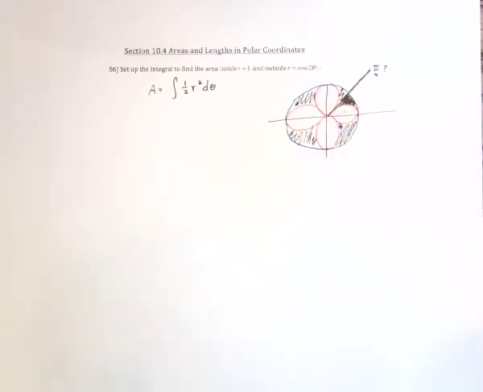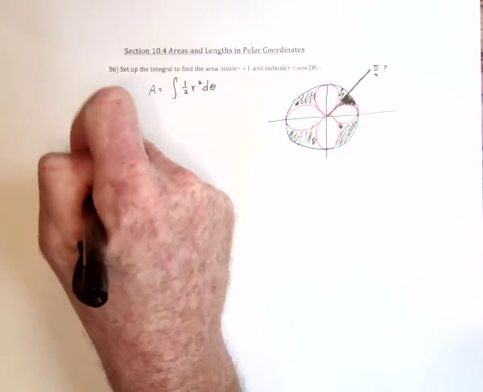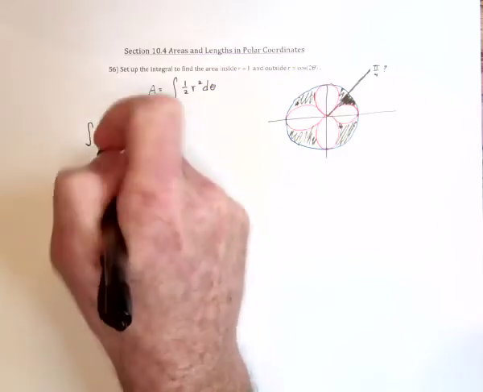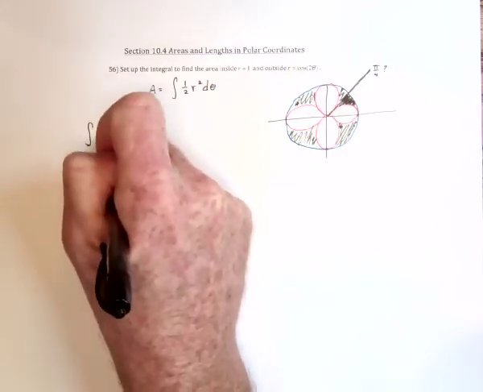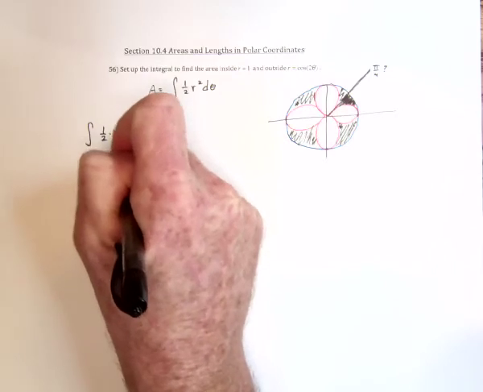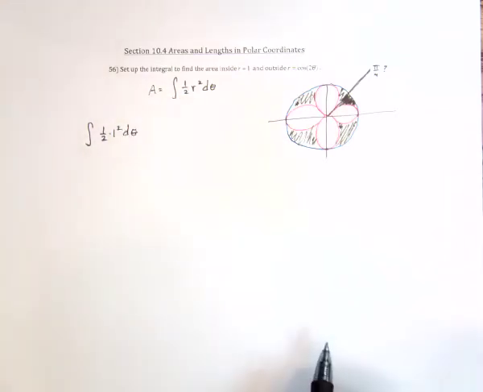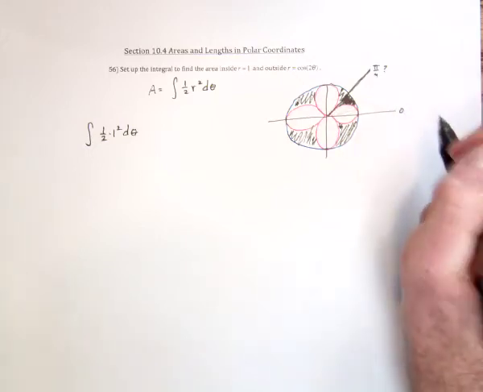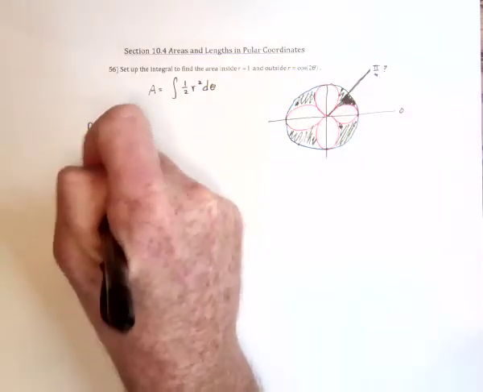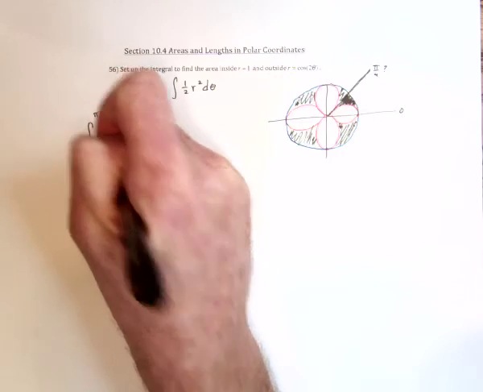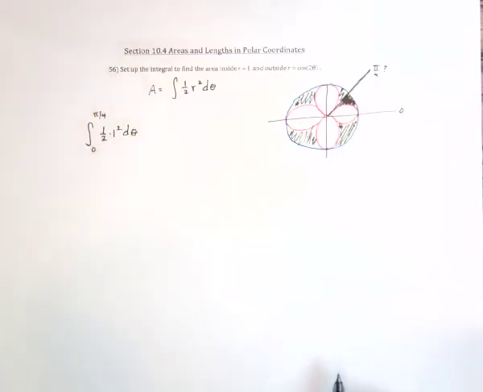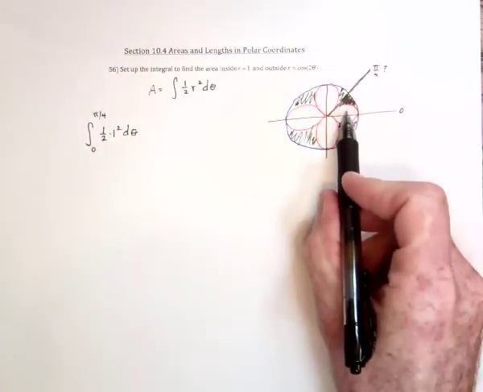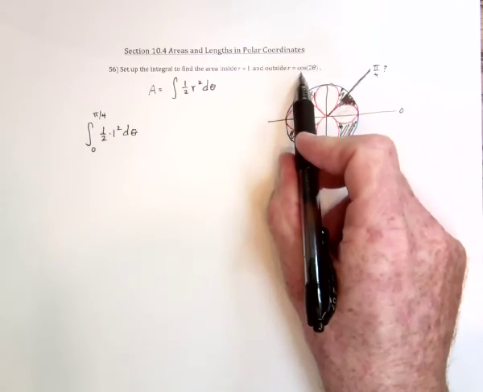So the bigger one is going to be integrate the 1/2 r squared for the circle. Our limits are from 0 to pi over 4. And then we need to integrate inside this, which is the cosine function.